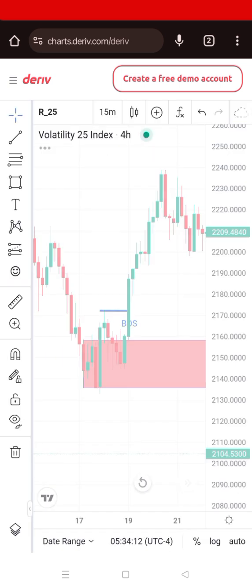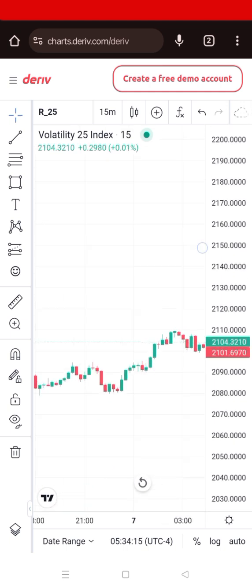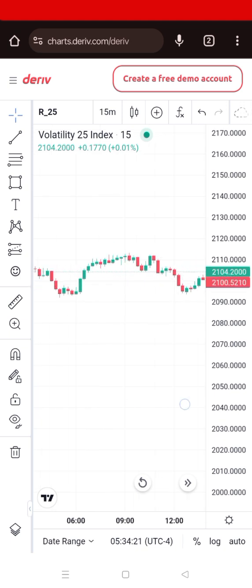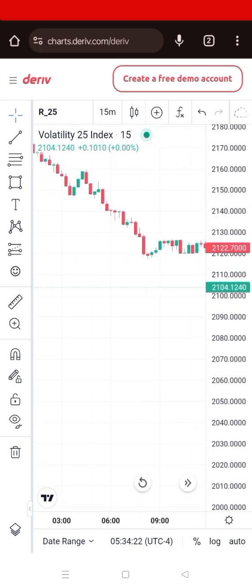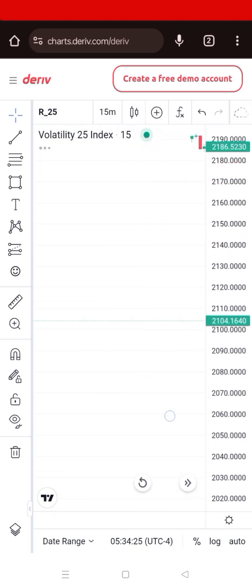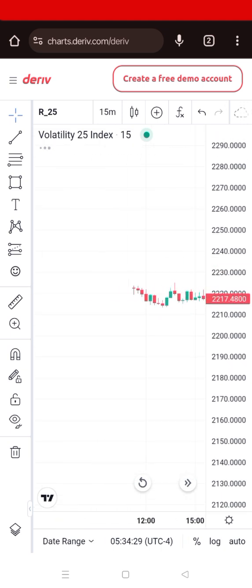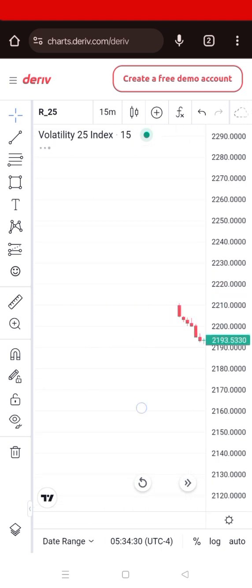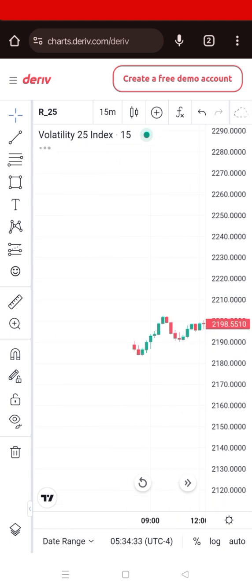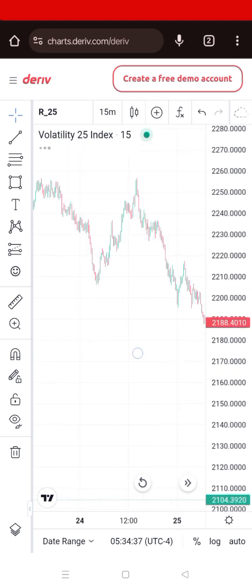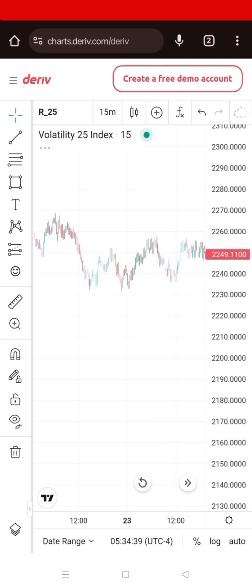Because we are still moving in the uptrend, you can go to the 15 minutes, check whether you will see a change of character, and that's the entry point. So scroll to your left side and go to where you have marked. I don't know whether it will show us that period of time, because now we are at a lower time frame on the 15 minutes. So let's just check.